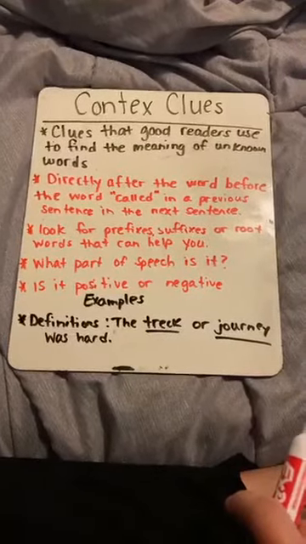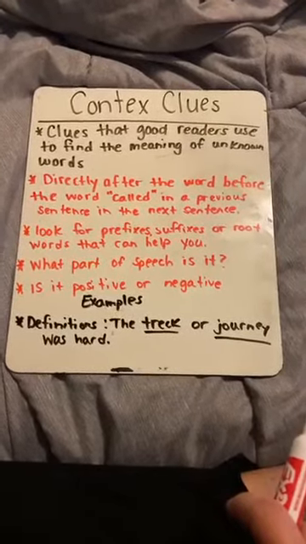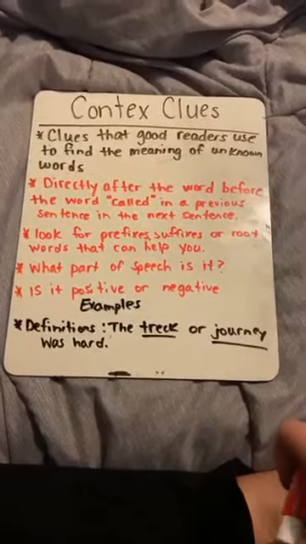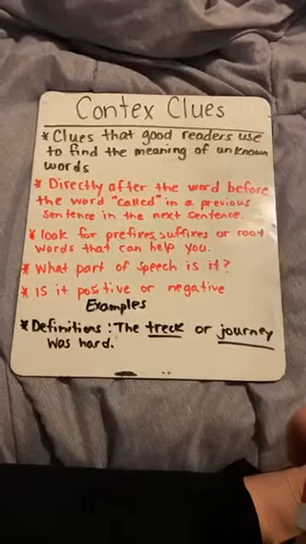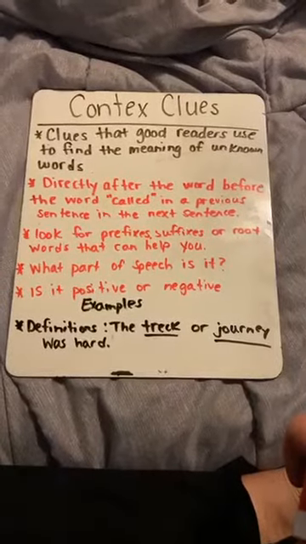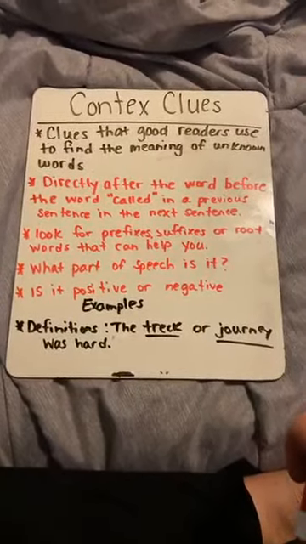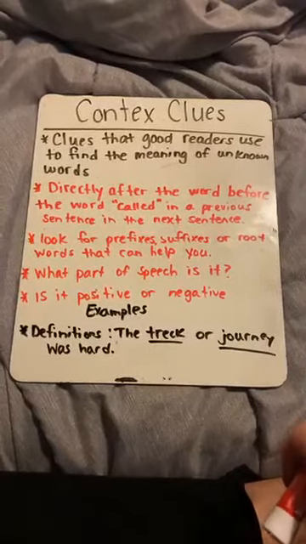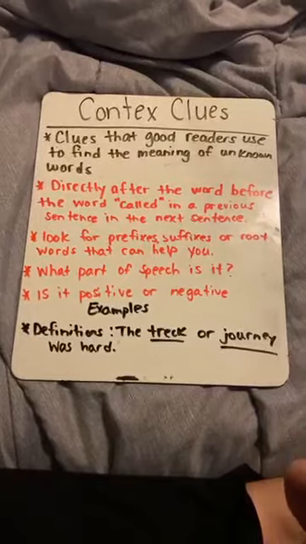You're going to look for prefixes, suffixes, or root words, which we just did with the ES and the S. That can help you. You're going to think about, what part of speech is it? Is it adjective, adverb, pronoun, noun, verb? Okay, what is it? And then, is it a positive or a negative word?